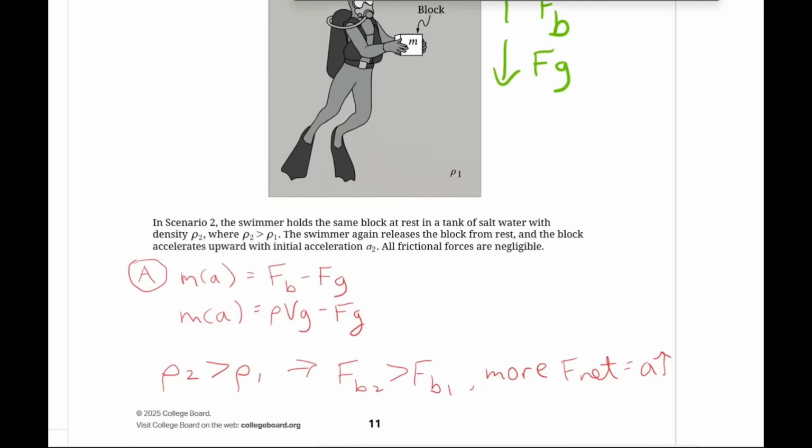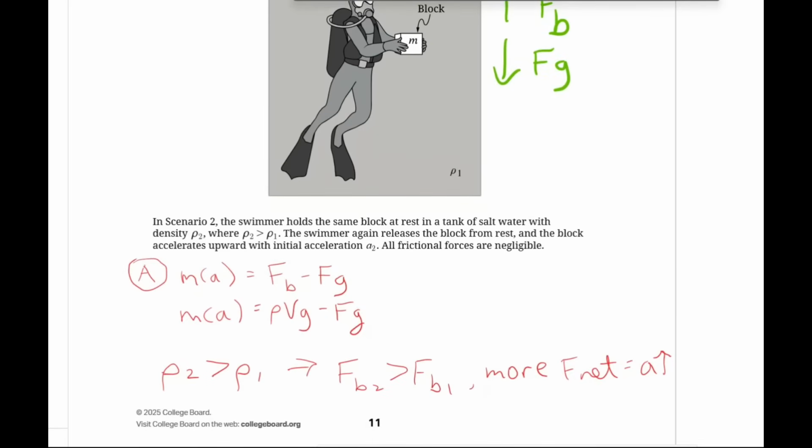Now it says that in scenario 2, the swimmer holds the same block at rest in a tank of salt water with density rho 2, where rho 2 is greater than rho 1. The swimmer again releases the block from rest, and the block accelerates upward with an initial acceleration a2. All frictional forces are negligible.